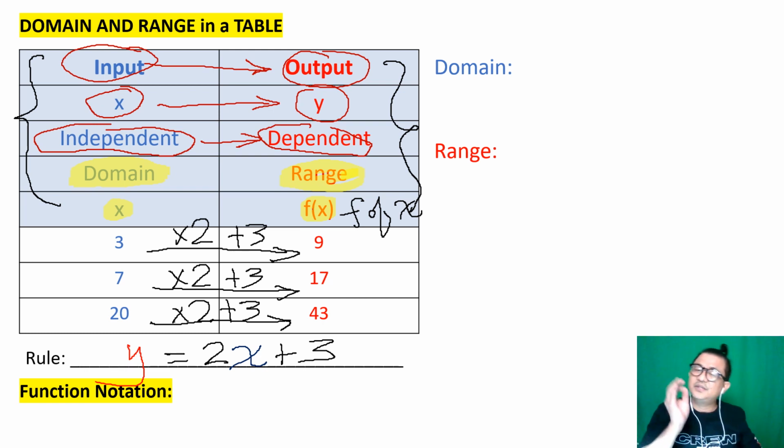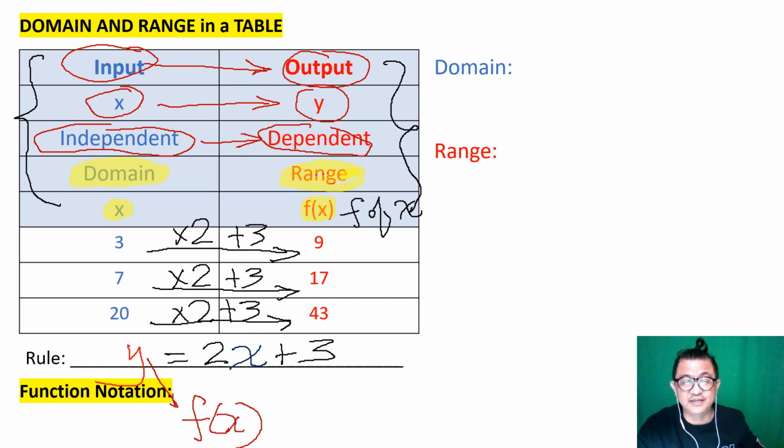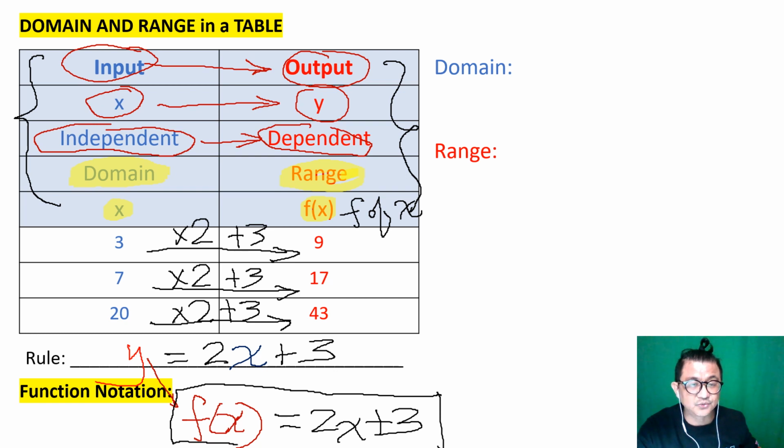Okay, now in the word function notation, we will have a new notation now. Y is now called the function of x, meaning the output of x, the result when I know the value of x, is f(x) equals 2x plus 3. So again, how do you read that? The function of x is 2x plus 3. Don't be scared with f(x).